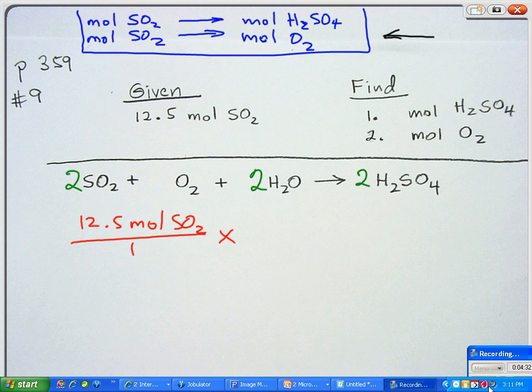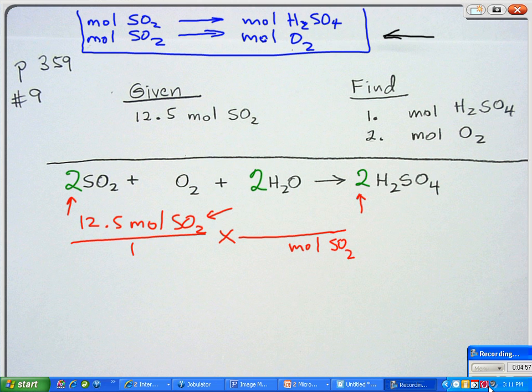Now we're going to get the ratio that we need to get to sulfuric acid. Sulfuric acid is 2, and sulfur dioxide is 2. So we need to put that in over here. And the bottom of this has to be the same as the top of this, which is moles of SO2.